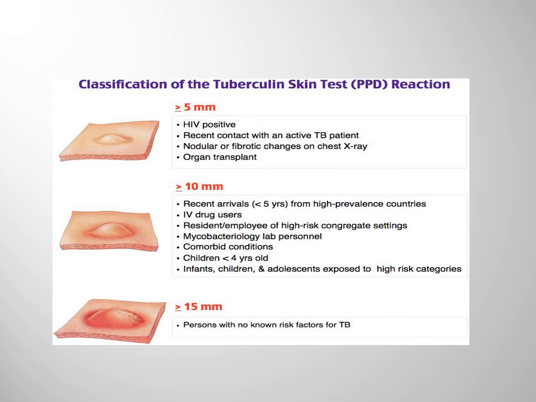You would need 10 millimeters of induration for the list that's on the slide there. And for anyone who has really no risk factors at all, it's now 15 millimeters of induration to be considered positive for the TB skin test, which again doesn't mean that you have tuberculosis. It means that you've had contact or exposure to the mycobacterium.